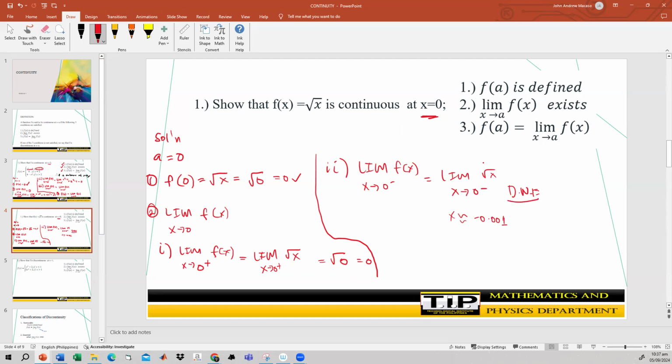Since the second condition for the two-sided limit is not satisfied, what we can conclude here is that we don't need to check the third condition. Because again, in the second condition, the limit does not exist. So it means that automatically, the second condition for continuity will not be satisfied.